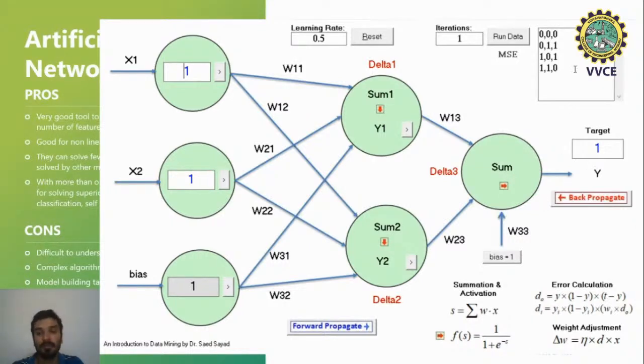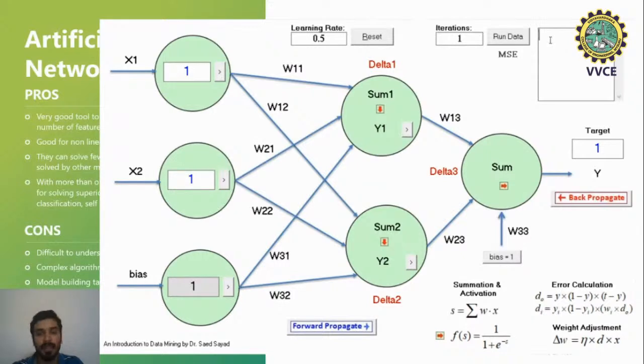Since this is a demo neural network, we'll be using a very small data set. In this case, we'll use an OR gate, and we'll see how the model learns the pattern associated with OR data. If you see, it takes three values here: x1, x2, and target.